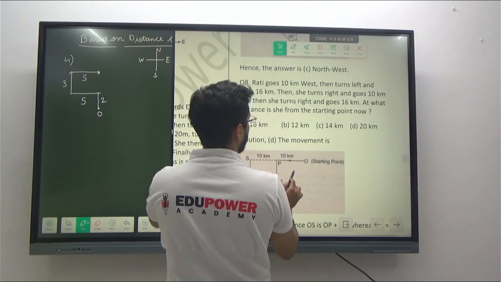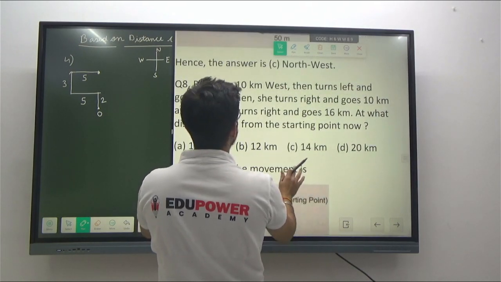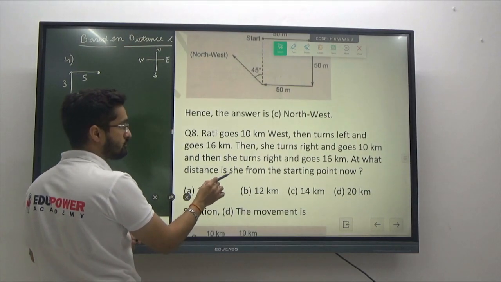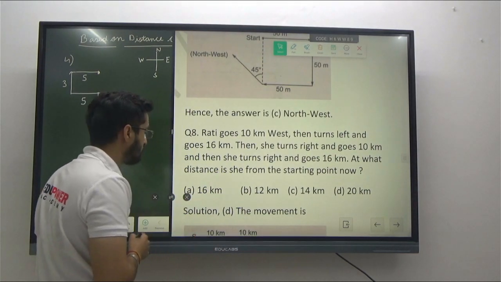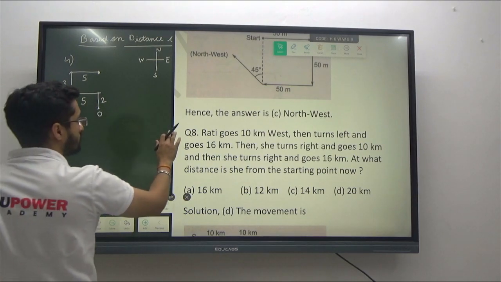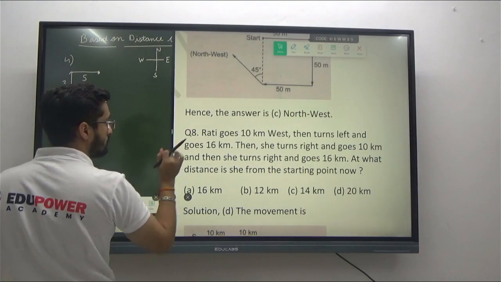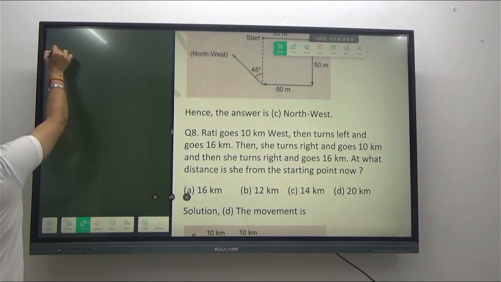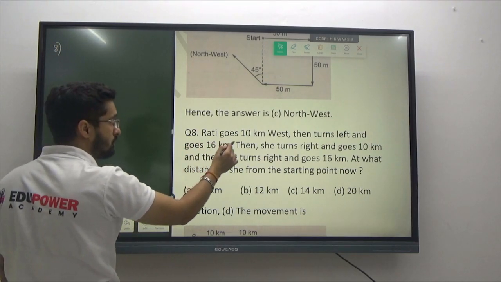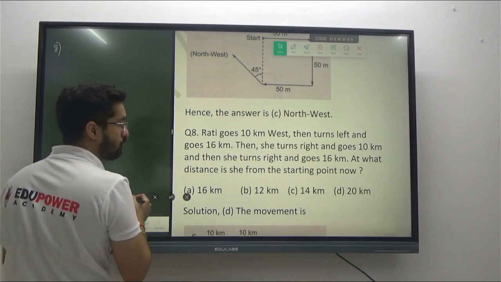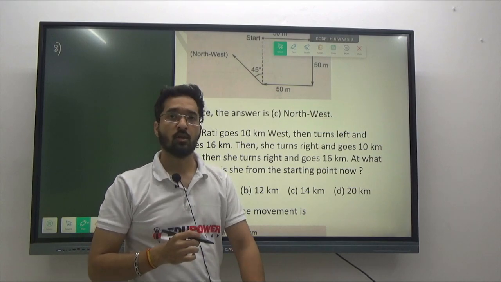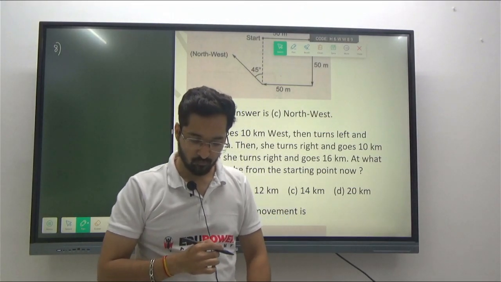Let us draw the figure. Okay. Question number 8. What does question number 8 say? Question number 8 says Rati goes 10 km west. So, whatever the origin point of Rati is there, I will just mark that point as O. Okay.